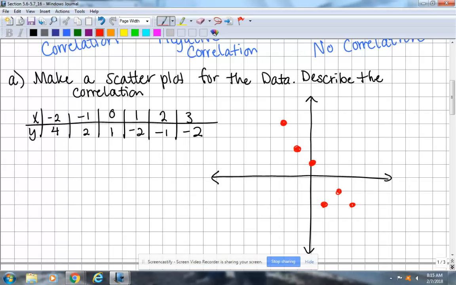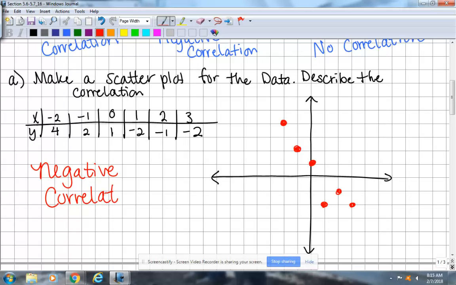All right, does everybody have your points graphed? So, do you think this scatter plot has a positive correlation, negative correlation, or no correlation? Negative correlation. Why negative? Yeah, the trend in the data from left to right, it looks like it's going in a downward direction. So, we would say this one has a negative correlation.